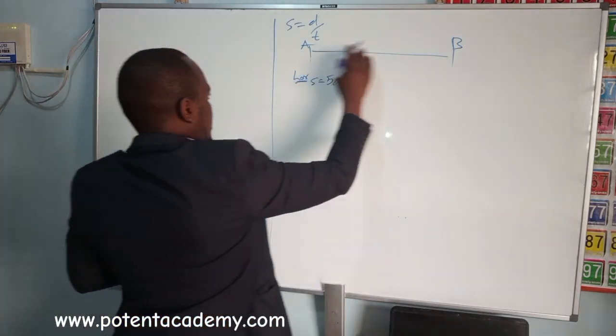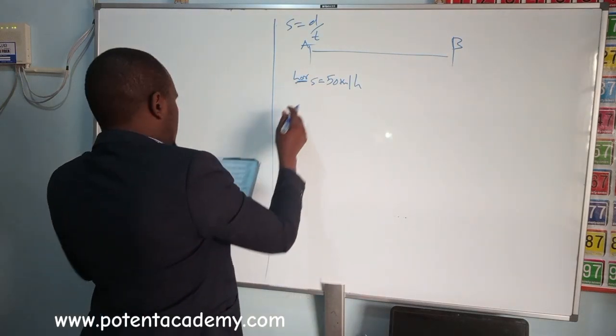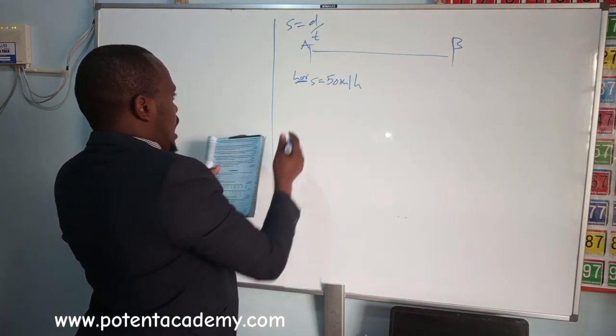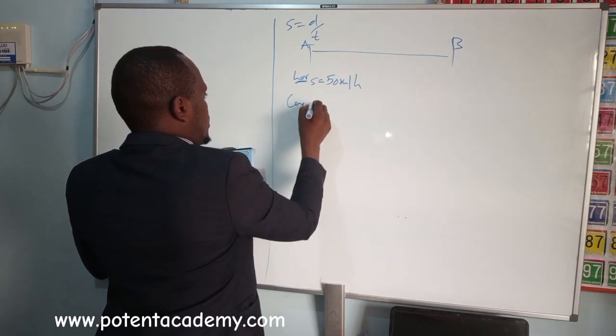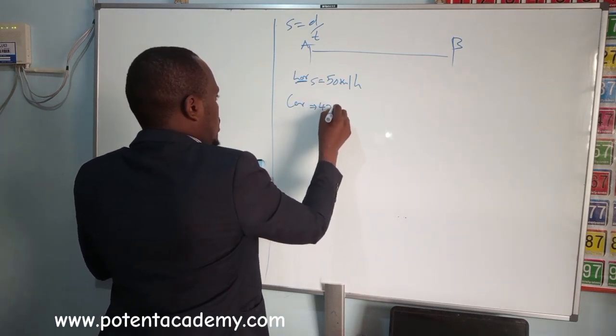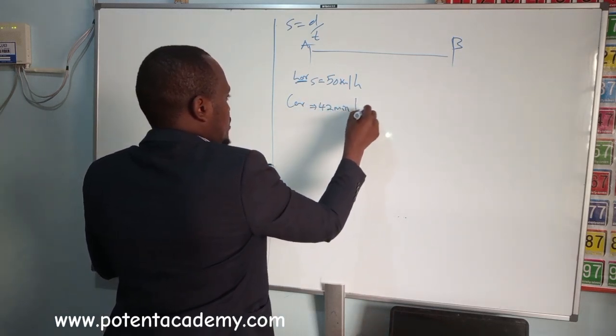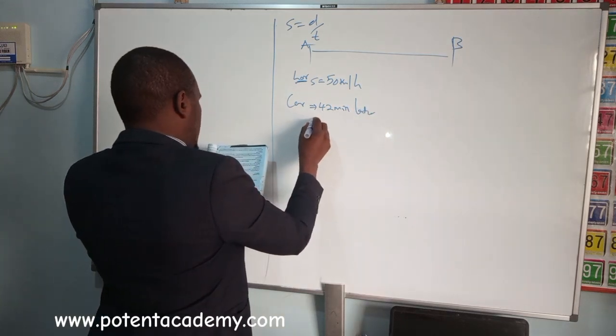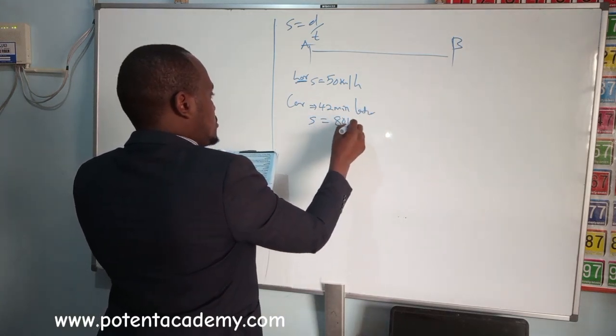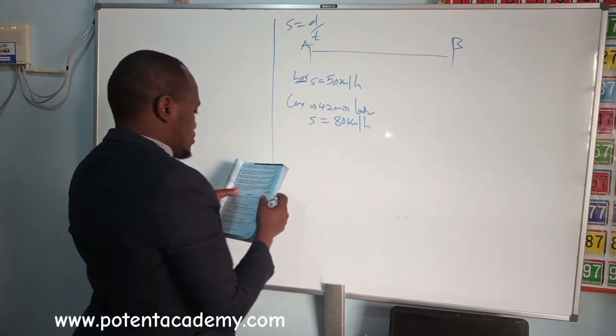So you will not be given the distance, and then a car left 42 minutes later. Speed 80 kilometers per hour.